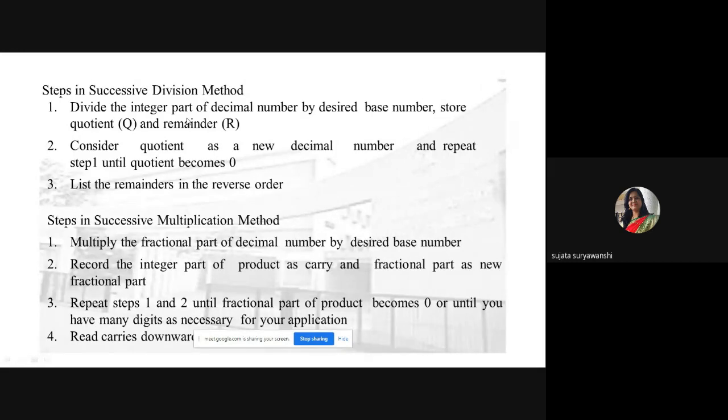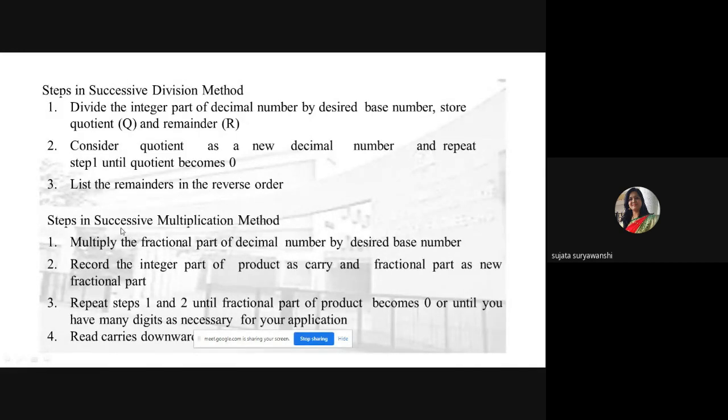After that, consider the quotient as the new decimal number and repeat step 1 until the quotient becomes 0. Means you have to repeat this first step till you get quotient 0, and list the remainders in reverse order, means from bottom to up order.